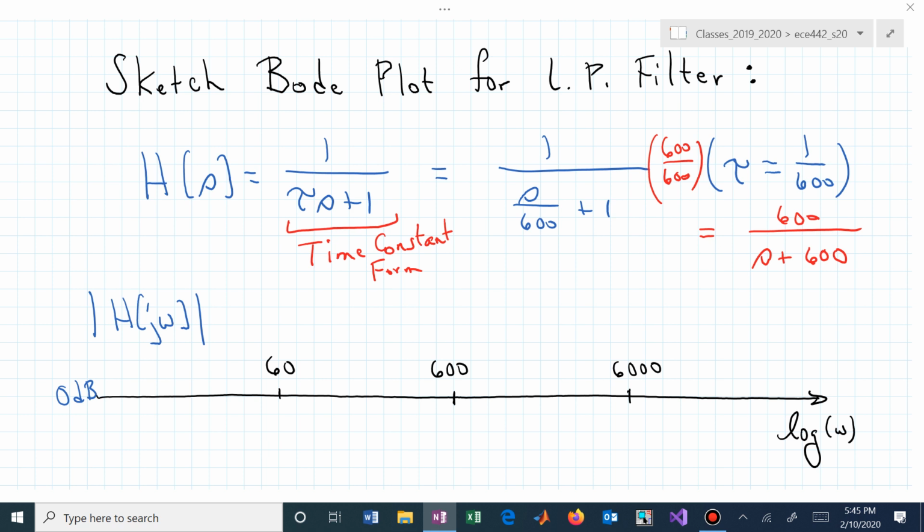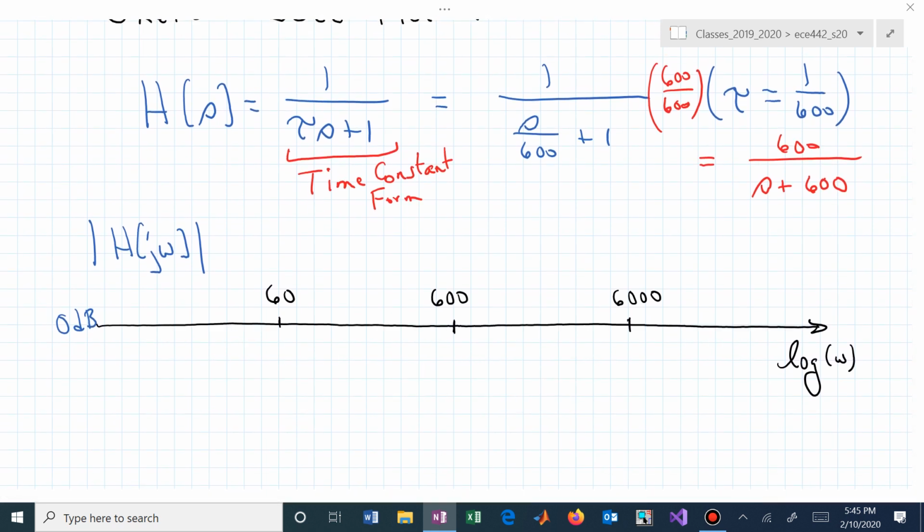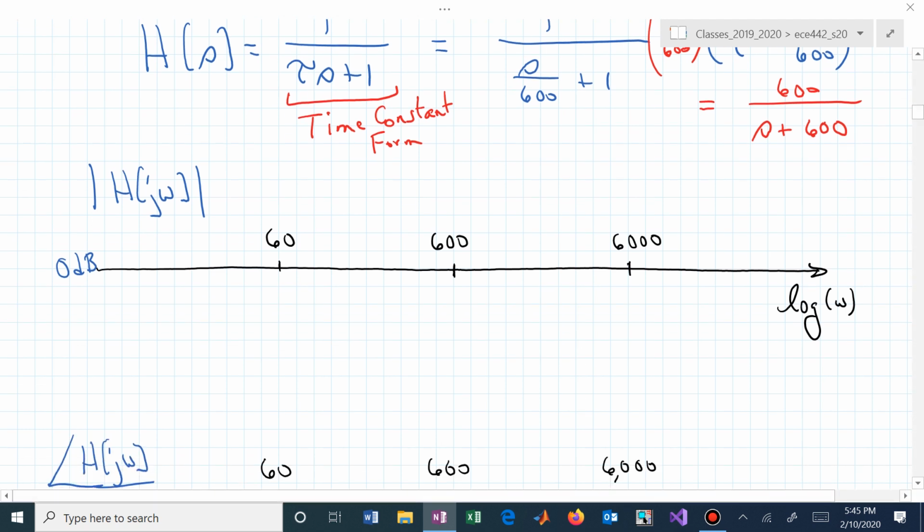If that's the case, how do we sketch the magnitude plot for this transfer function? At s equals 600, or at a log of omega equals 600, it goes down 20 dB per decade. So now we're claiming that we go down at 600. Where did I start? Why did I start there? Do I start there, or do I start here?